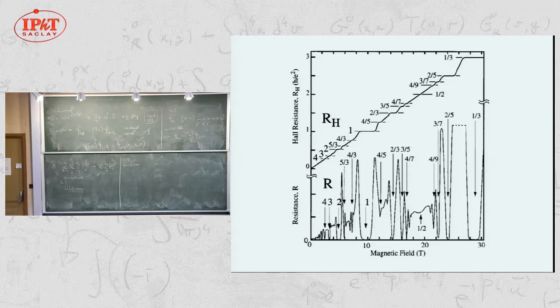In the case of filling factor unity, there is no way to increase the density because it's already maximal. Increasing the density means putting guys in a higher Landau level. Okay? But then at 1/3, you can create an excitation with an excess of density.